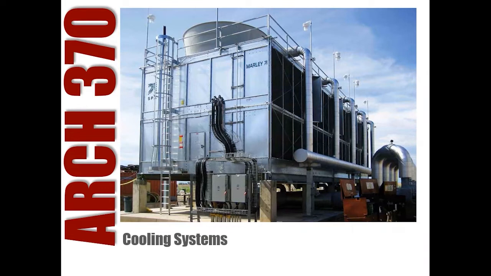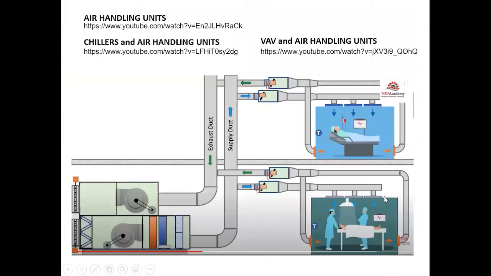This is the same cooling system that we have in nuclear plants. I don't mean that we have a nuclear plant in our building, but the same system that refrigerates a nuclear plant, we can have in our building. So it's another huge machine like this one. Well, we are familiar with this.